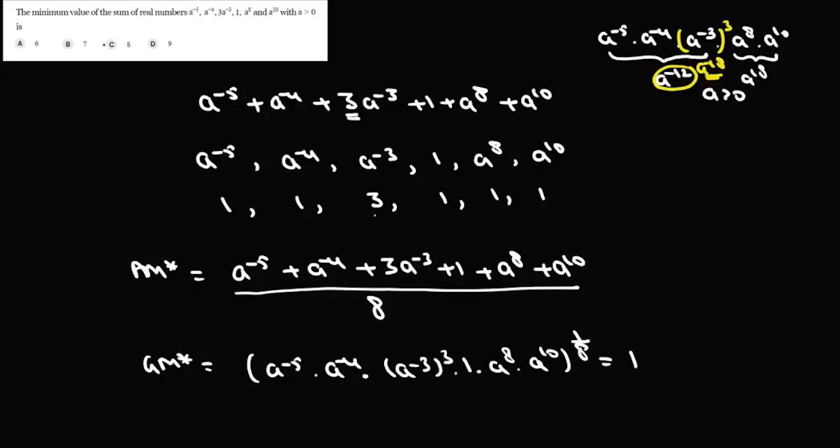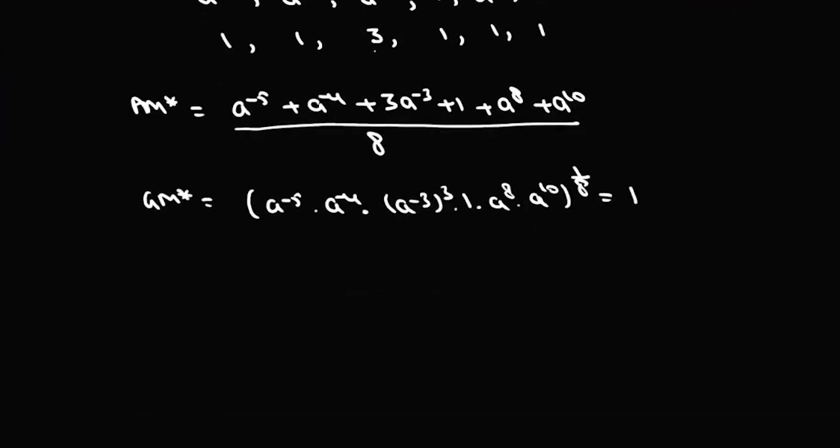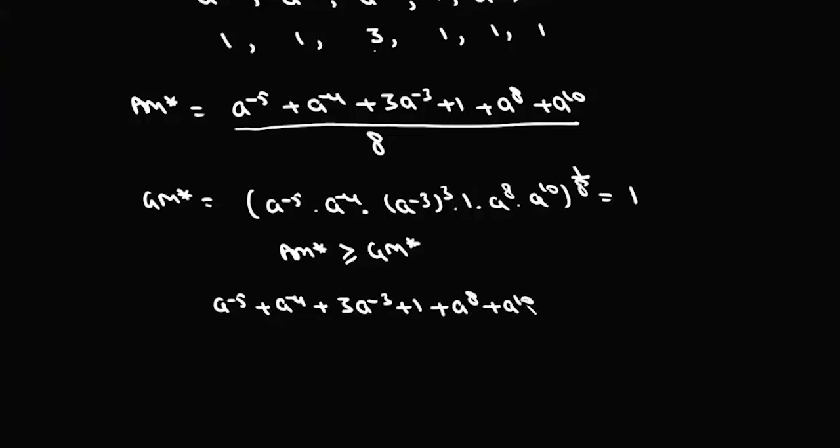Now again we are to use weighted AM and weighted GM. So weighted AM will be greater than or equal to weighted GM. So we can write a to the power minus 5 plus a to the power minus 4 plus 3 a to the power minus 3 plus 1 plus a to the power 8 plus a to the power 10, divided by 8, is greater than or equal to 1.